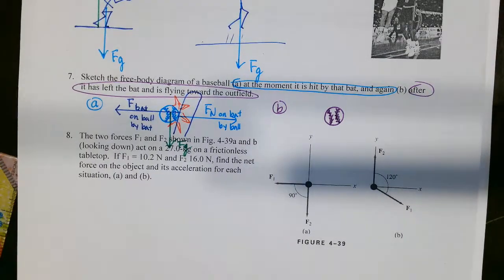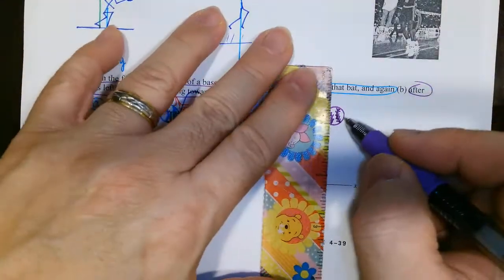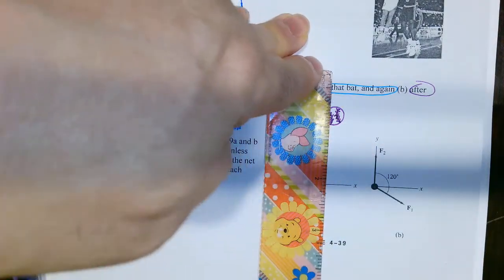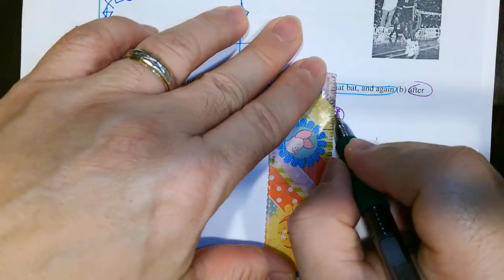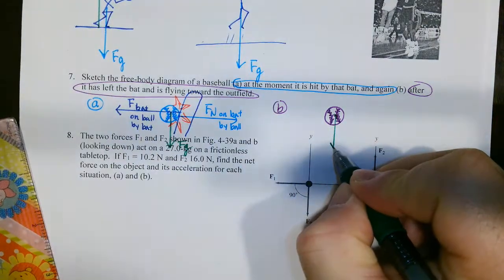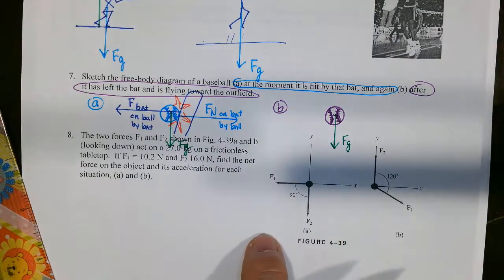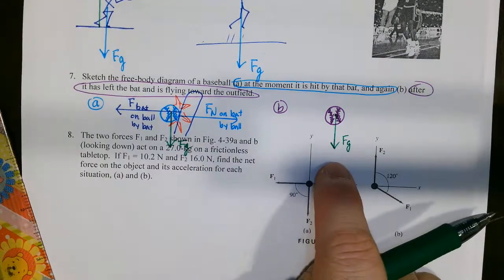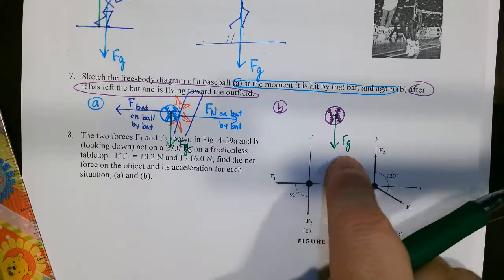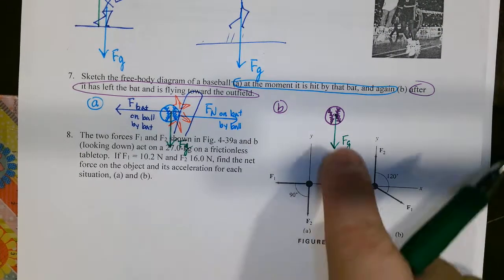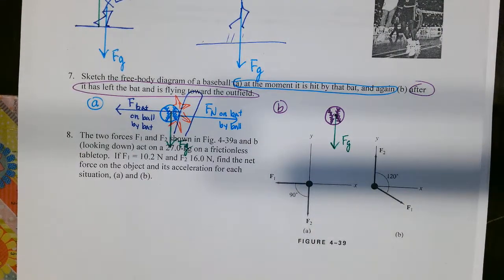Only force on the ball after it flies out towards right field is just Fg. Because remember the projectile motion? This Fg is what's causing the acceleration in the y direction, and that is 9.8 meters per second squared. That's it. No other forces.